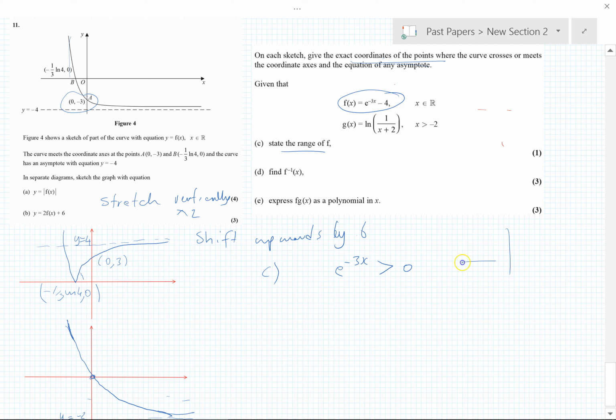The graph of e to the minus x, or e to the minus 3x, does this as well, and it goes through 1, so it's always greater than 0. So that must mean that f(x) has got to be greater than minus 4, because this bit is greater than 0. So that's our range.